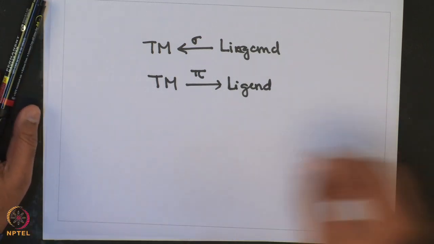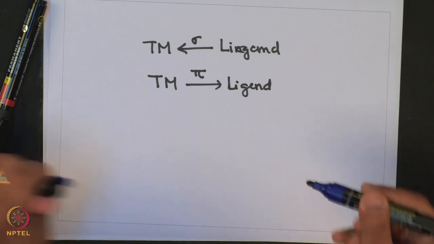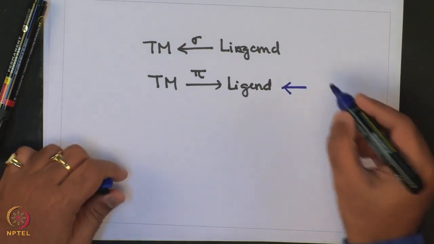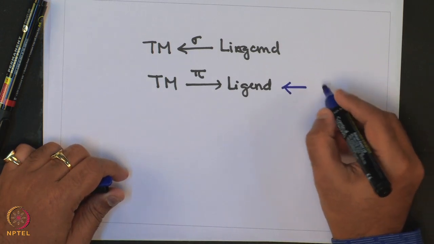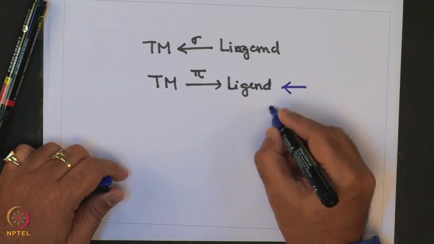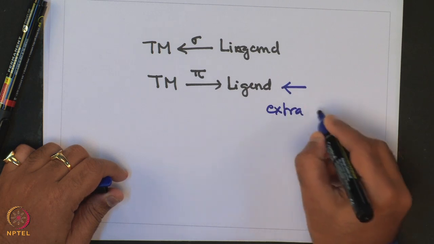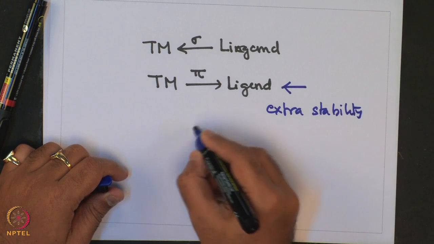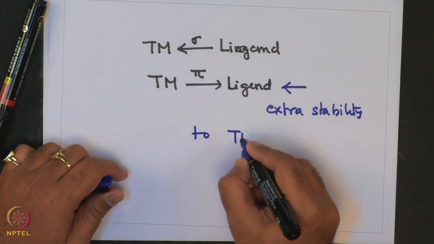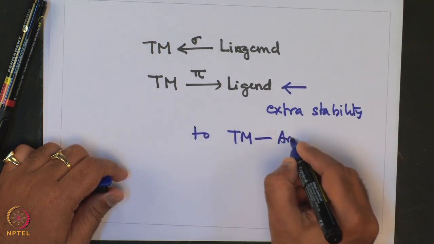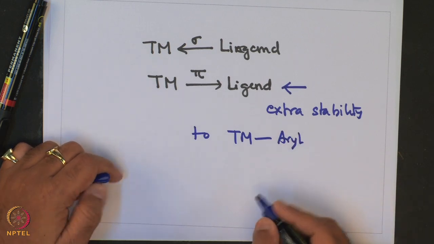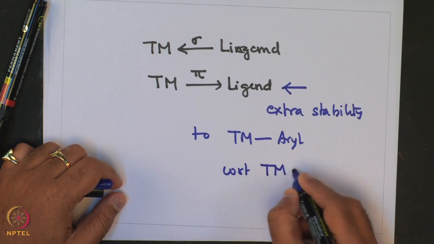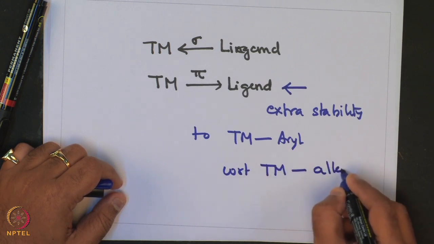And what we had seen is that the influence of transition metal to ligand pi back donation causes extra stability to transition metal aryl complexes with regard to transition metal sigma alkyl complexes.